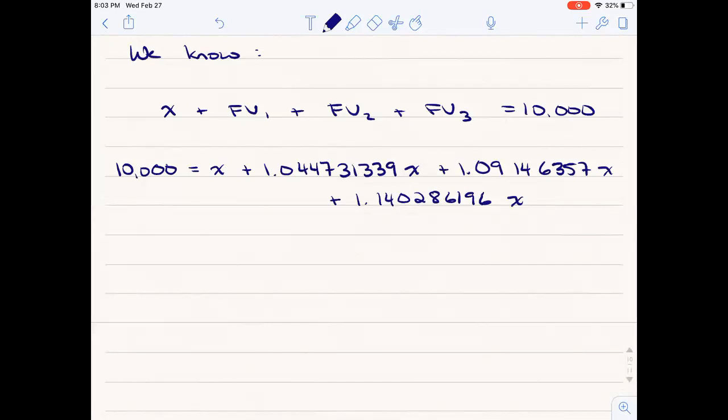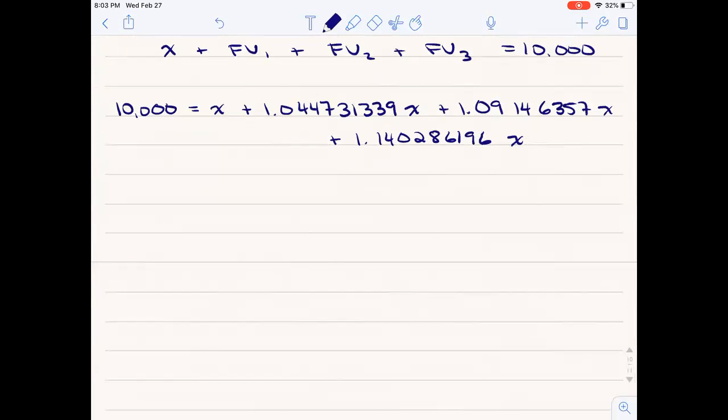Luckily, I've stored all those, so I don't have to type them in. Remembering that little x: 1x plus 1.04x plus 1.09x, etc. So I have 1 plus recall 1 plus recall 2 plus recall 3. So we have 10,000 is 4.276481105x.